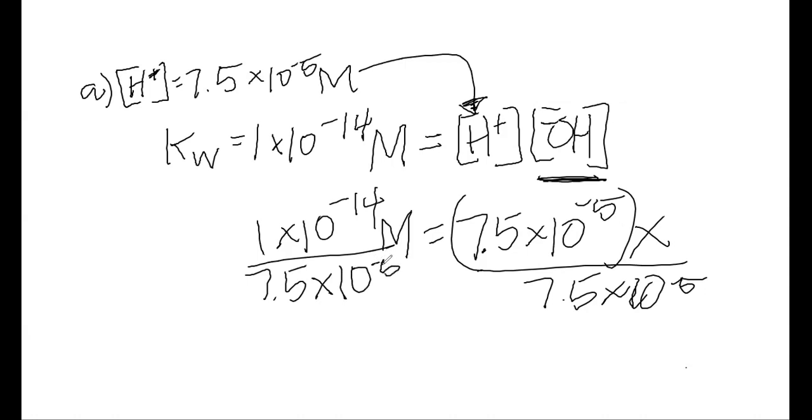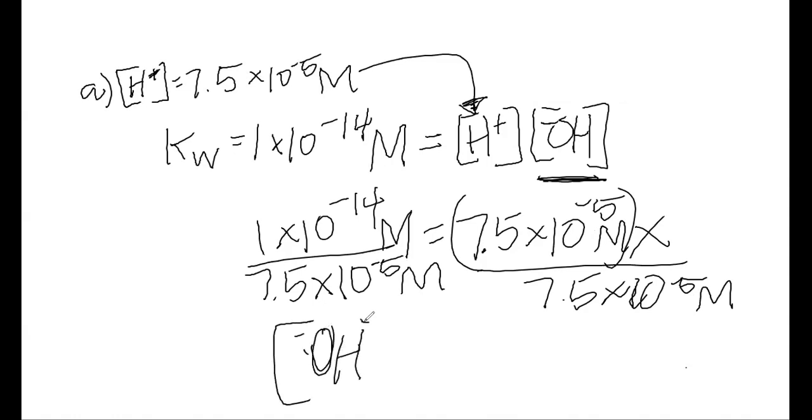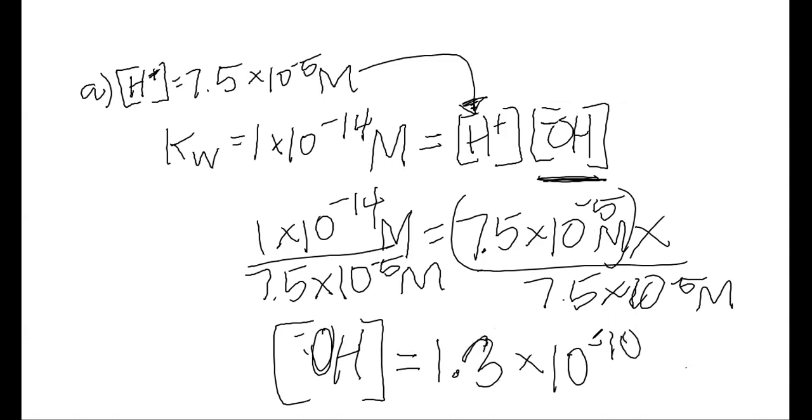When I divide 1 times 10 to the negative 14th by 7.5 times 10 to the negative fifth, I get my OH minus concentration to be 1.3 times 10 to the negative 10 molarity. If you did not get 10 to the negative 10 as your exponent, then you need to put these into parentheses when you type them in your calculator.